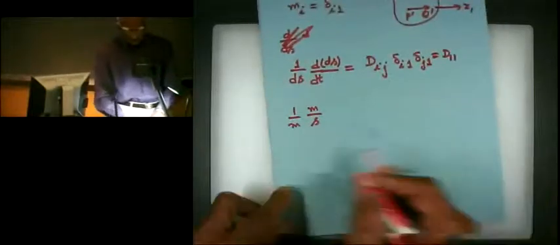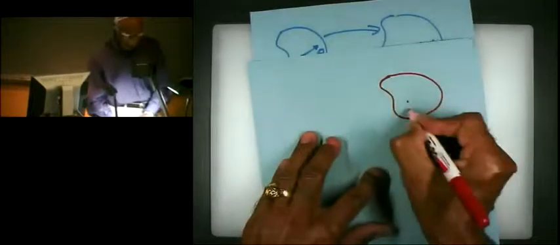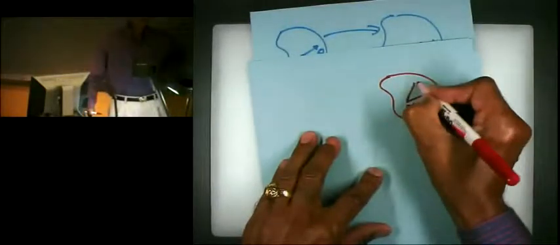Now let's look at the off-diagonal terms. We still are at P prime Q prime, and we take two line elements, P prime Q prime and P prime R prime, with angle theta between them.